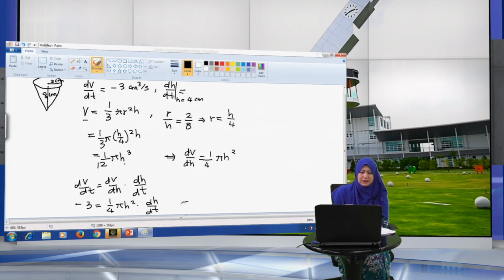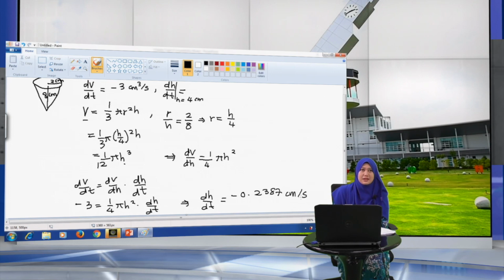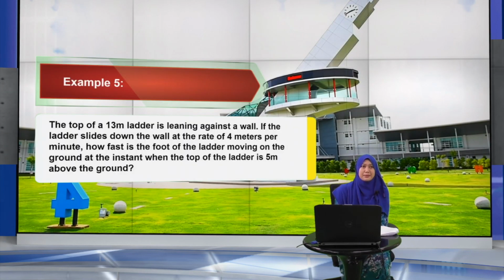After we do the calculation and insert the value h equal to 4, we get dh/dt equal to negative 0.2387 centimeter per second.